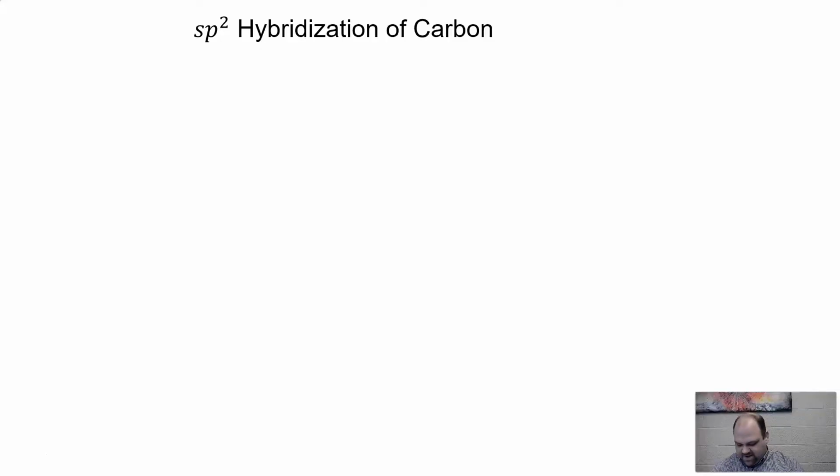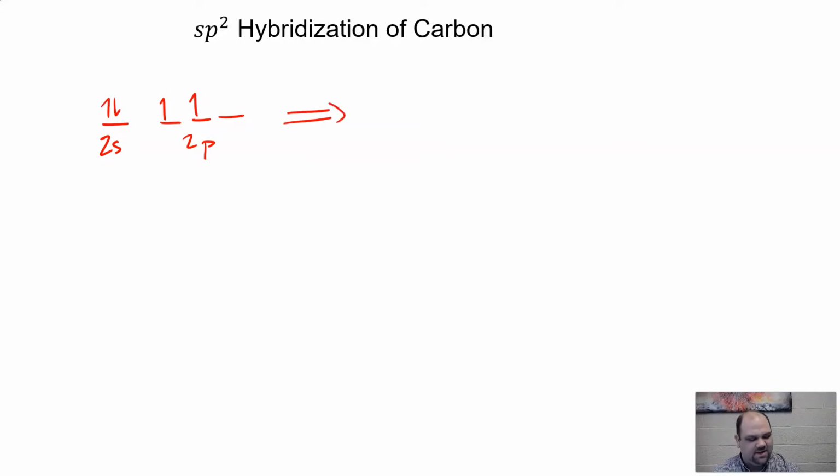When we talk about the hybridization of carbon, and especially the ones where we leave some p orbitals unhybridized, what happens to those p orbitals? Again, we're going to start with carbon. He has a 2s and 2p. This is where we start with carbon.